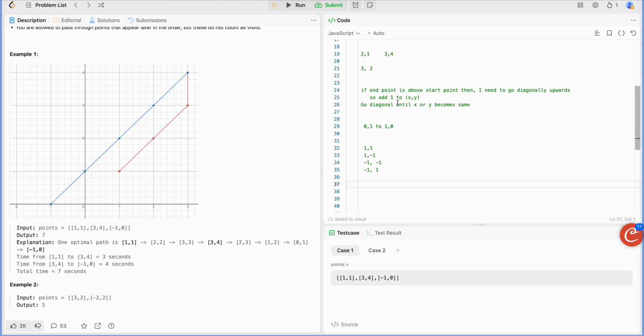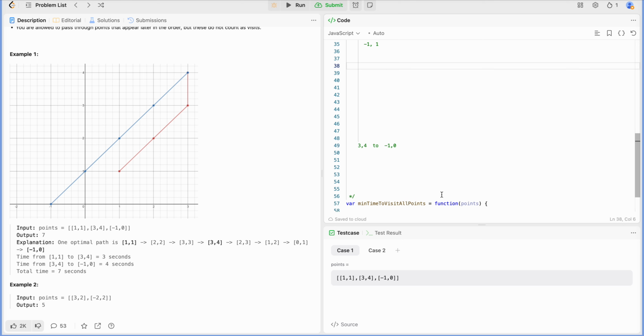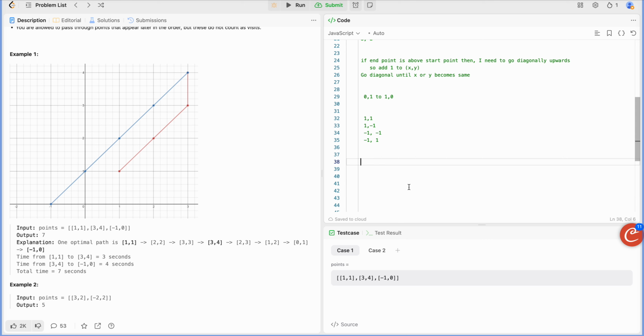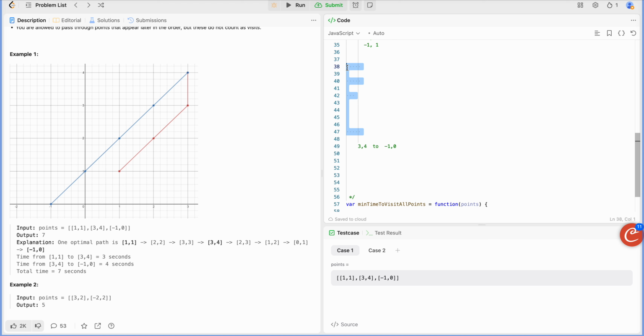So what I think is, I was going on the right path. So this is the way to go, right? First of all, I'll just go diagonally and then go vertically or horizontally to that point. I haven't thought about this algorithm totally, but I just figured out that I was going in the right direction.